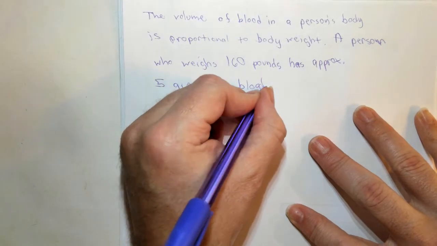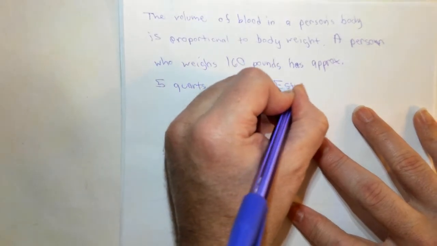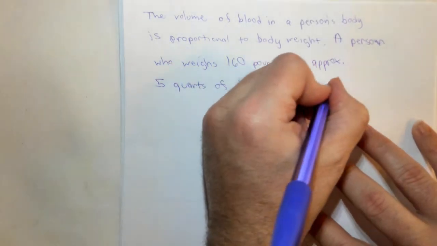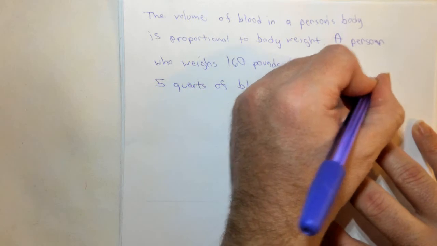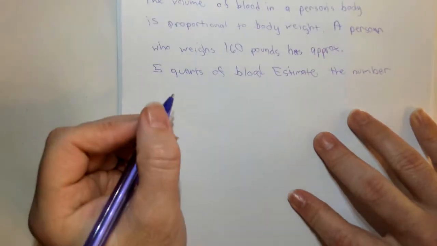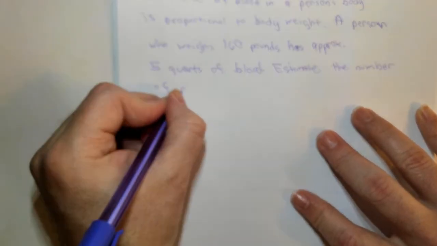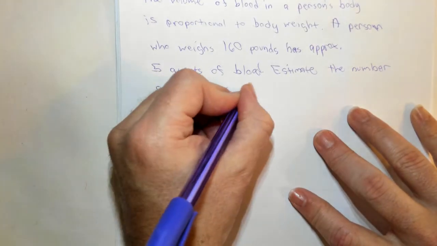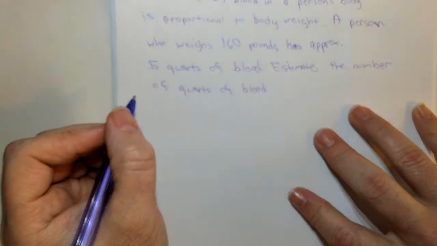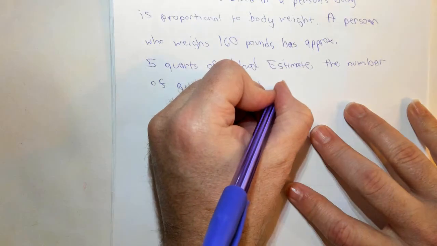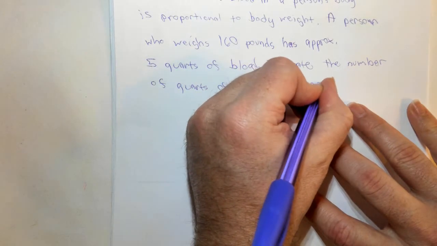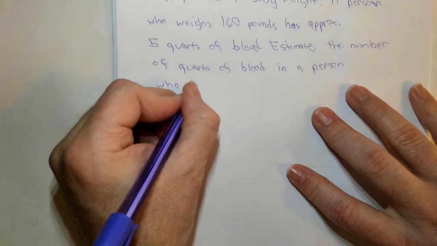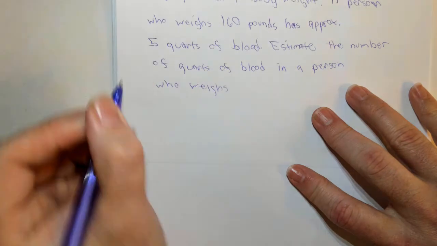And the question is, estimate the number of quarts of blood in a person who weighs 200 pounds.